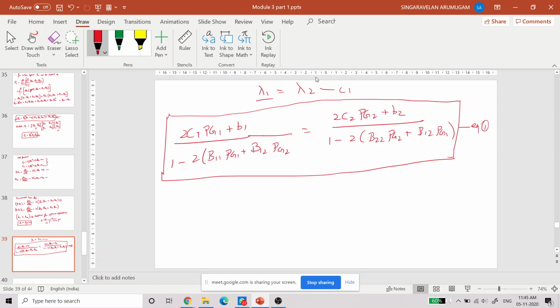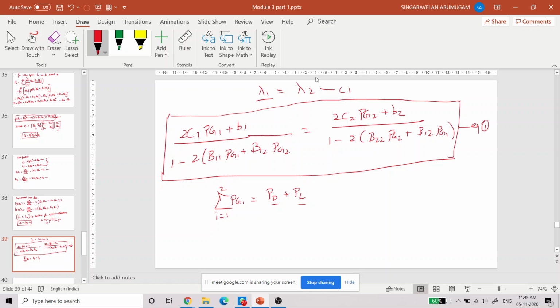The equality constraint is nothing but the power balance equation. The power generated by all the generators, the sum of PGi, must be equal to PD plus PL, meaning the demand required plus the losses. If the summation of these two is equal to the power generated, then it is satisfied, right?